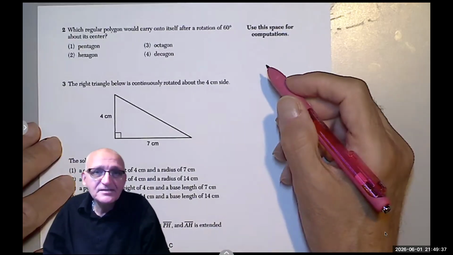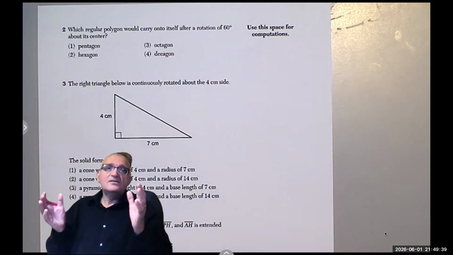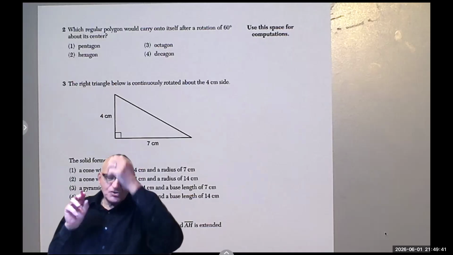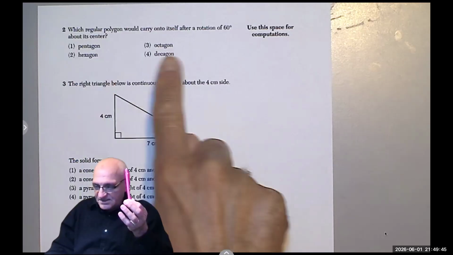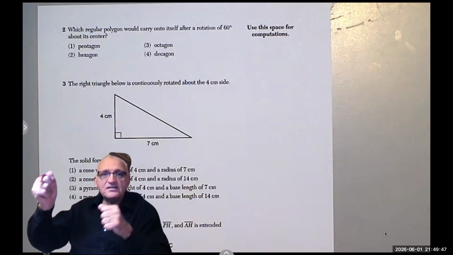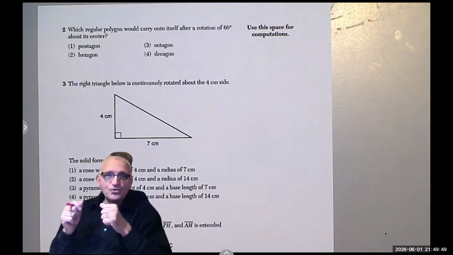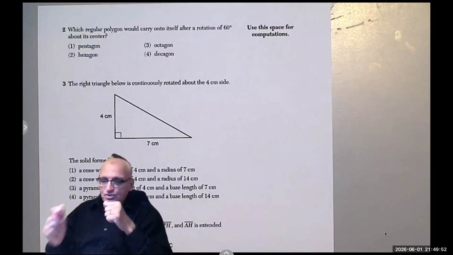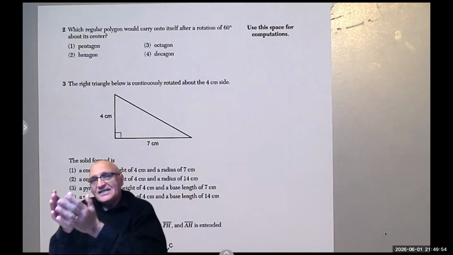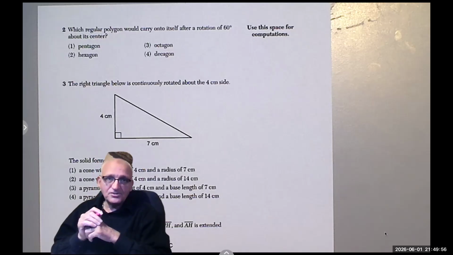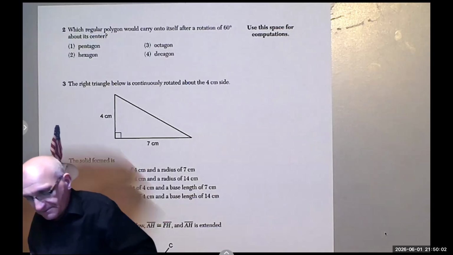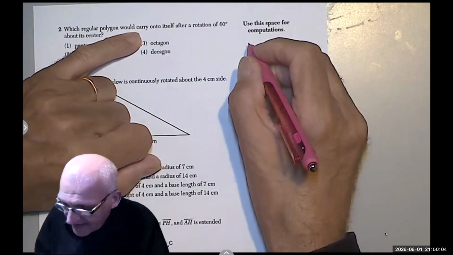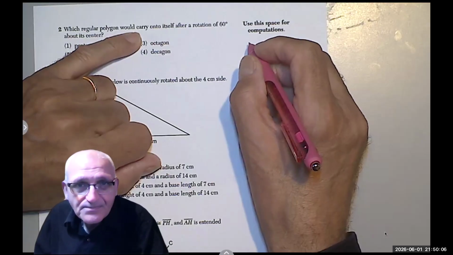Basically, if you want to find a 60 degree rotation, that would be the exterior angle about which you rotate, right? So if it's 60 degrees, it means that the interior angle is 120 degrees, correct? So how do we find the 120?